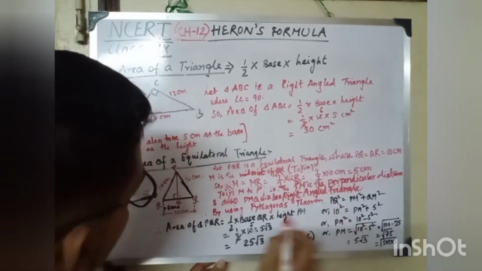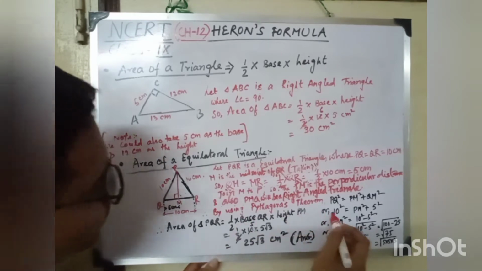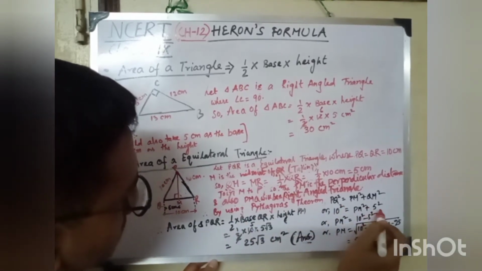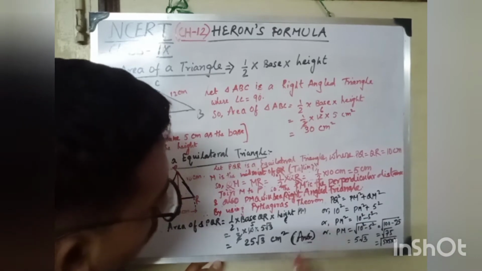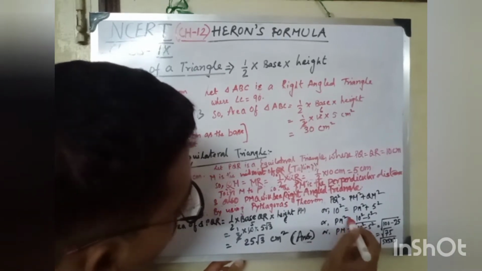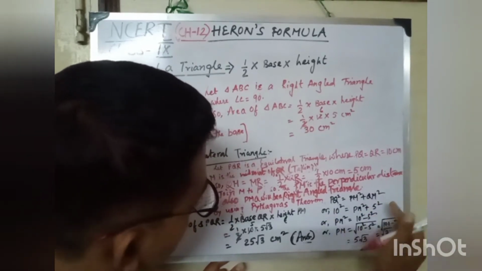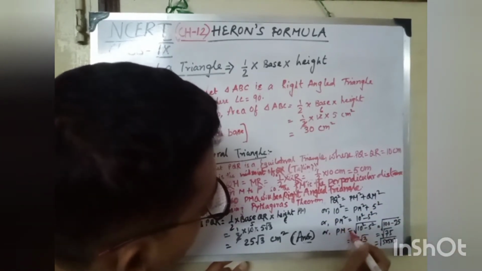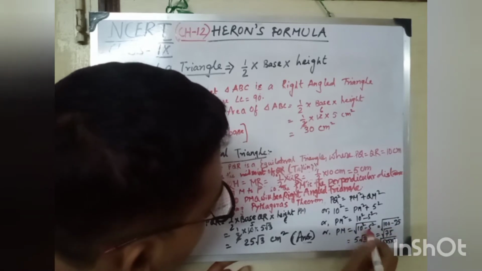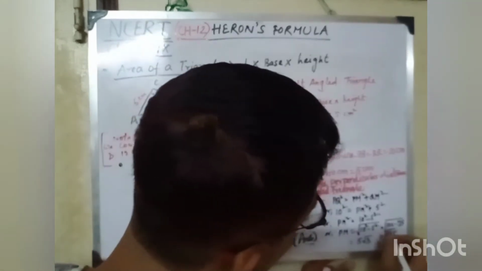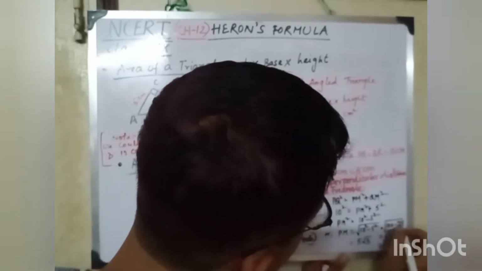So we can put the values according to this figure. 10 square is equal to PM square plus 5 square, or PM square is equal to 10 square minus 5 square, we can just shift here and there, or PM is equal to root over 10 square minus 5 square is equal to root over 100 minus 25.